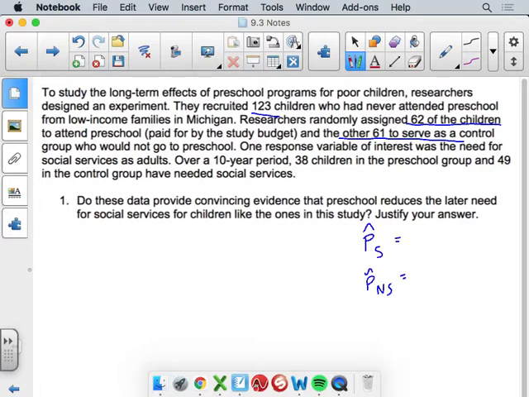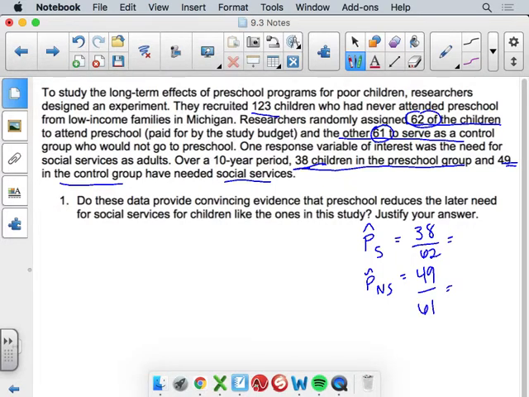They said that 38 of the children in the preschool group and 49 of the children who didn't attend needed social services 10 years later. So it was 38 out of the preschool group of 62, and 49 out of the non-preschool group of 61.